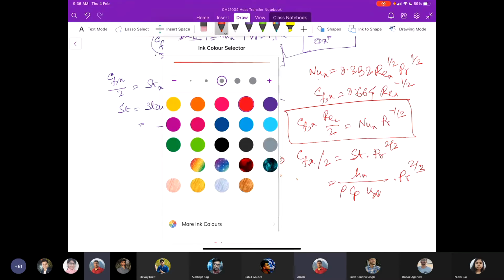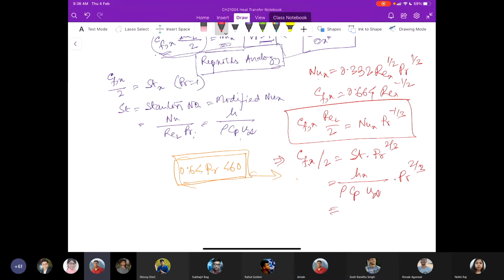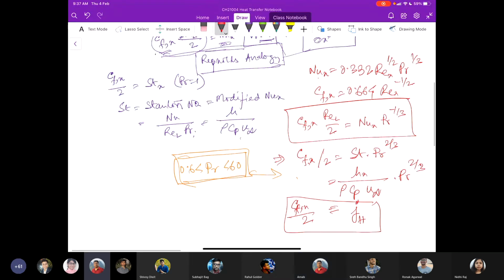Nonetheless, this term is further mentioned as JH. So Cfx by 2 is equal to JH.